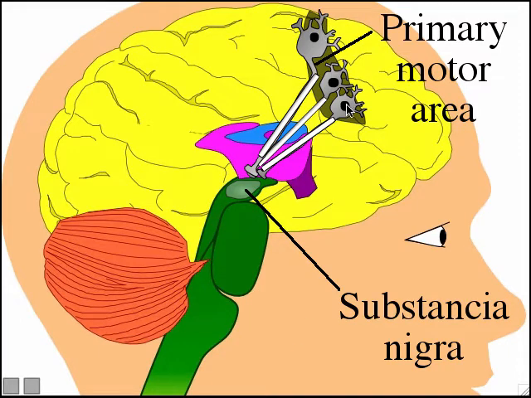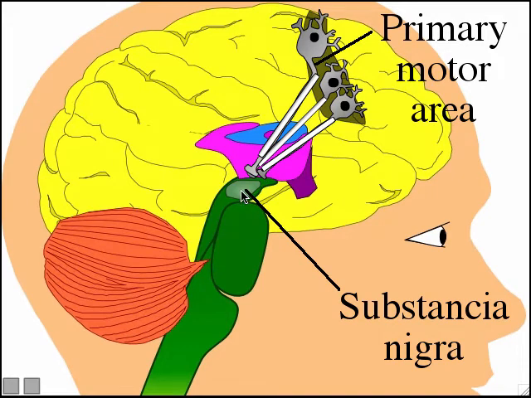The primary motor area in the cerebrum generates motor signals, but the motor signals it generates are not smooth. They're kind of jerky and uncoordinated. And so the primary motor area's neurons send the signals to the substantia nigra, and the substantia nigra smooths out those uncoordinated jerky signals.